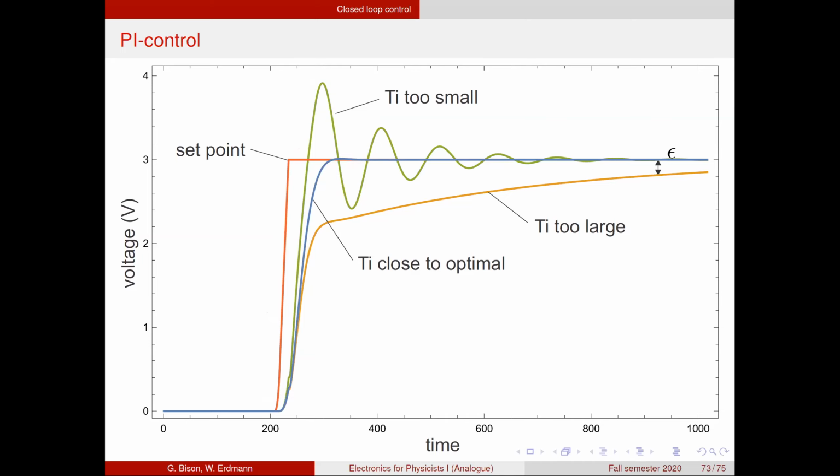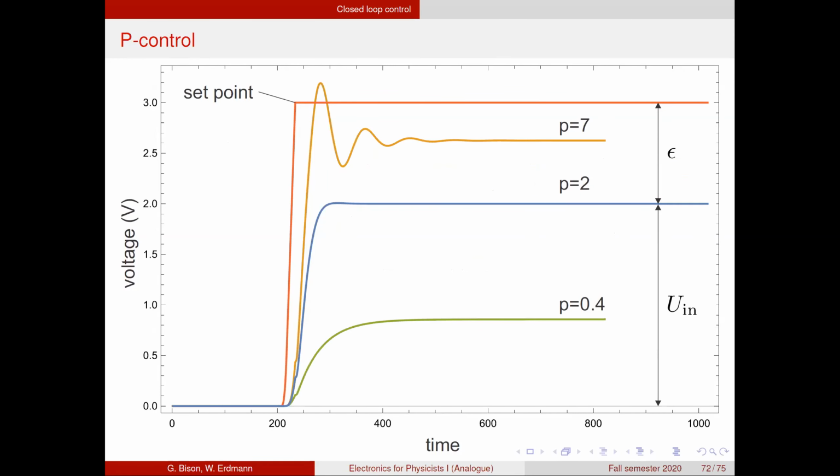Sometimes you want your controller to reach a given set point as quickly as possible. And then you might be willing to accept the oscillations, but typically you wouldn't want that. You see that we have already seen two ways to make the system oscillate.